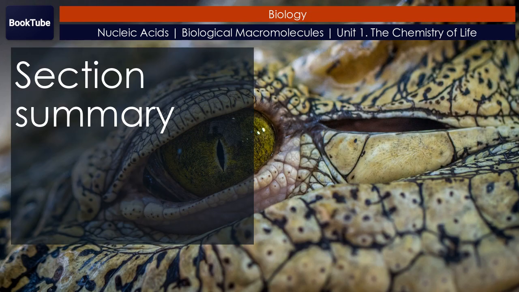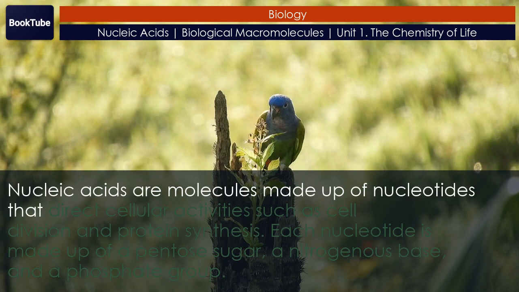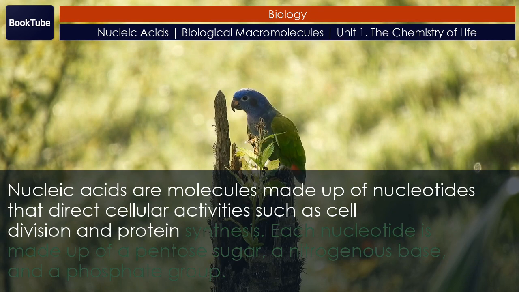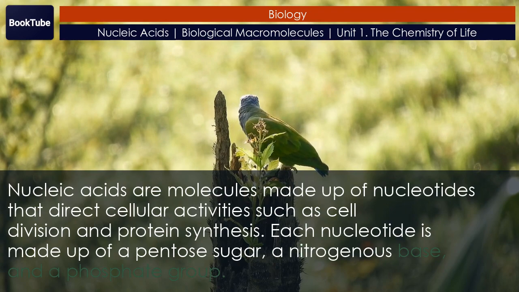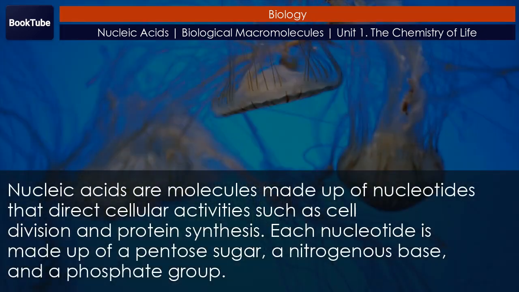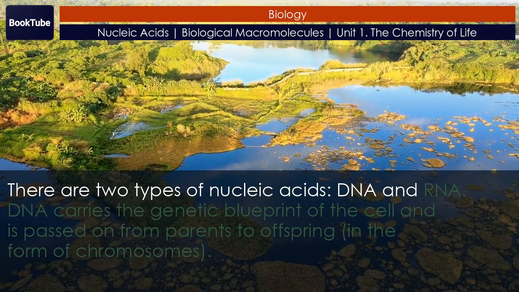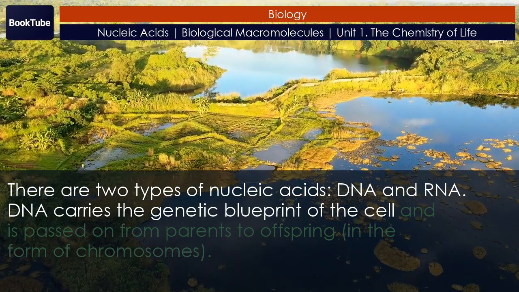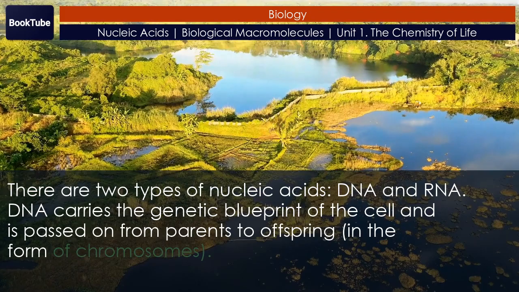Section summary. Nucleic acids are molecules made up of nucleotides that direct cellular activities such as cell division and protein synthesis. Each nucleotide is made up of a pentose sugar, a nitrogenous base, and a phosphate group. There are two types of nucleic acids: DNA and RNA. DNA carries the genetic blueprint of the cell and is passed on from parents to offspring in the form of chromosomes.